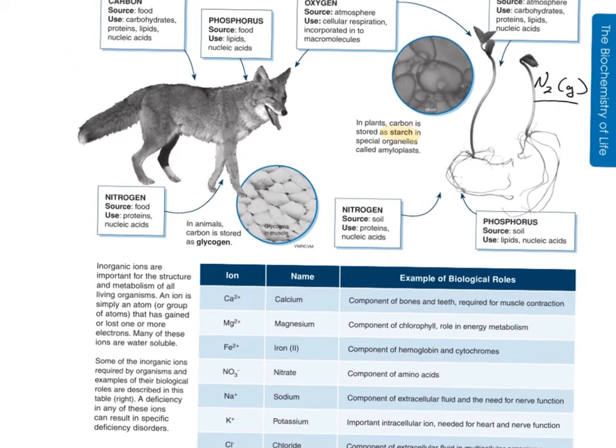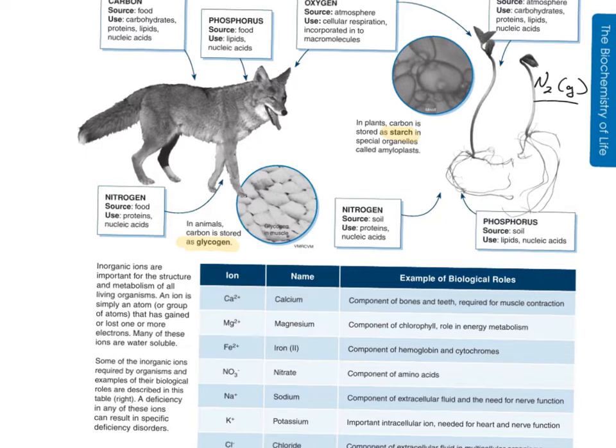We store our carbon as glycogen, either fat or glycogen. Your fat is a storage form of carbon for energy. But glycogen is what you store in your liver. It's what is released when you wake up.